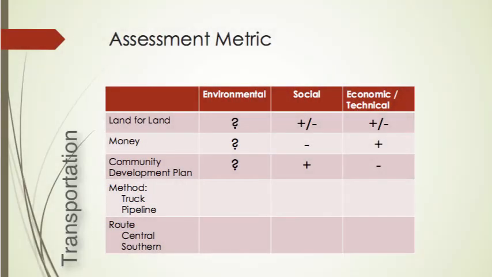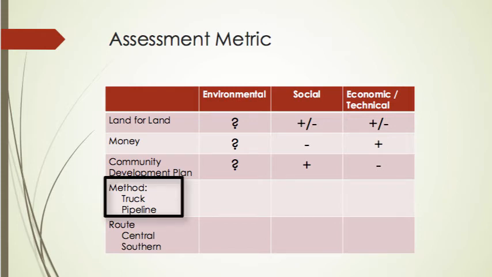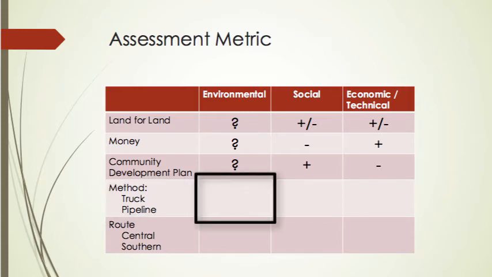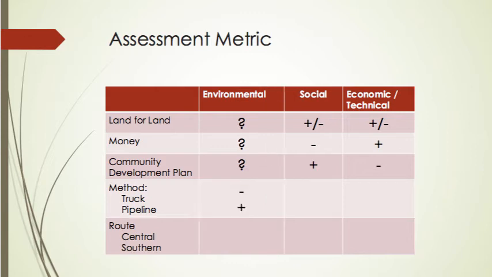Let's take a look at the transportation elements in terms of methods. The options for transportation were to transport the oil by trucks or by pipeline. Which is the better idea in terms of environmental impact, the long-term environmental impact? Probably the pipeline is better. So I've placed a plus sign there and a negative sign beside the truck. What about social impacts?